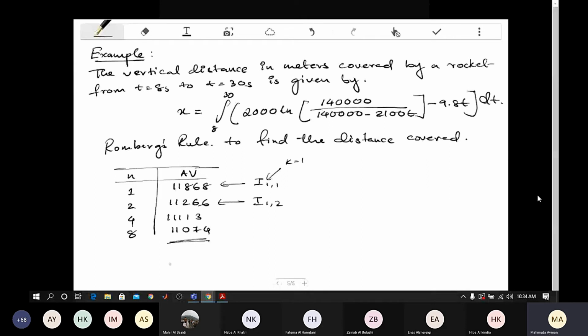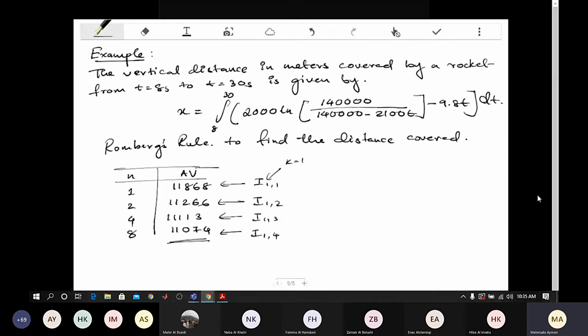So here it will be I1,3 and I1,4. The 4 values here correspond to using 1, 2, 4 and 8 segments of the trapezoidal rule respectively.